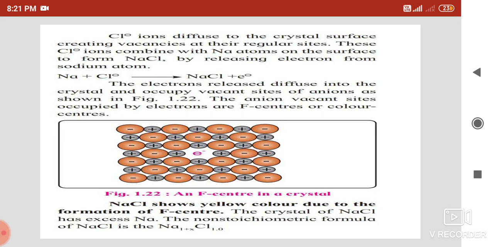See the explanation. The Cl- ions diffuse to the crystal surface, creating vacancies at their regular sites.